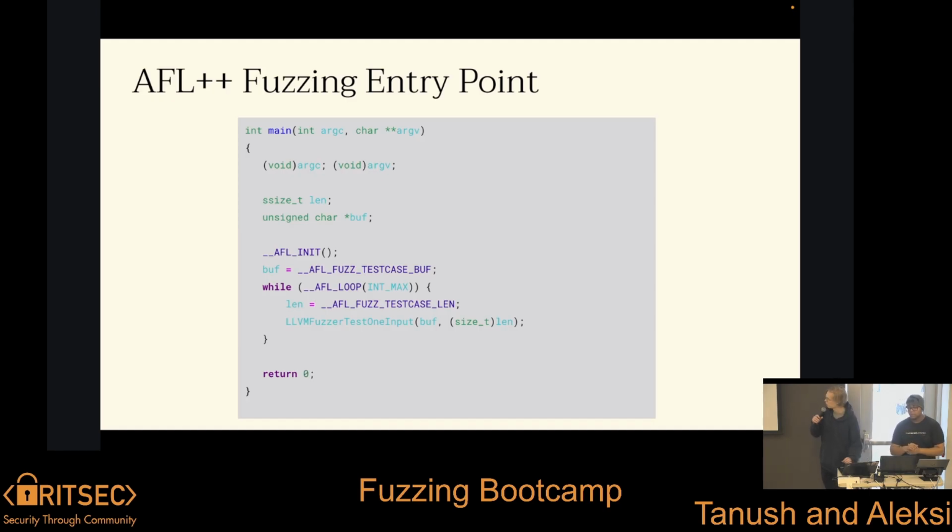Here we also used the function signature from libFuzzer, which is good practice. One more thing I wanted to note is the argc and argv up top. It's not really important, but they just suppress compiler warnings. I just thought it was interesting.